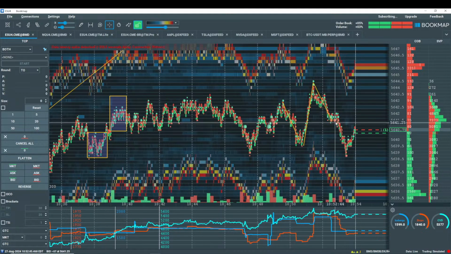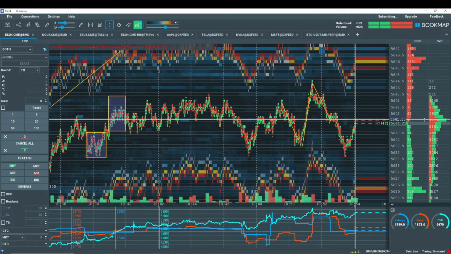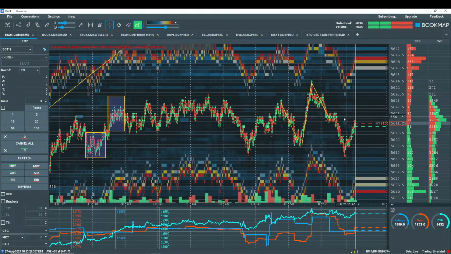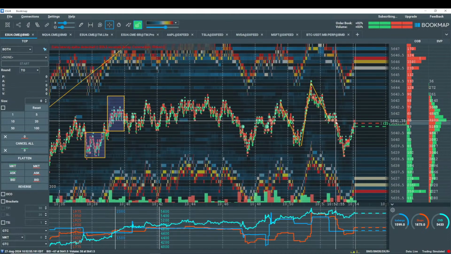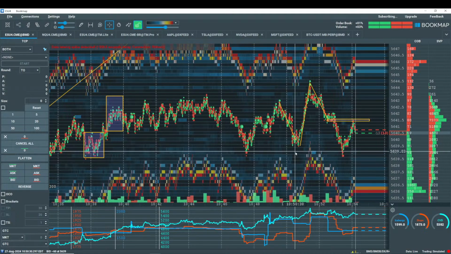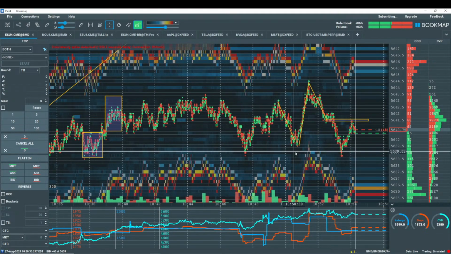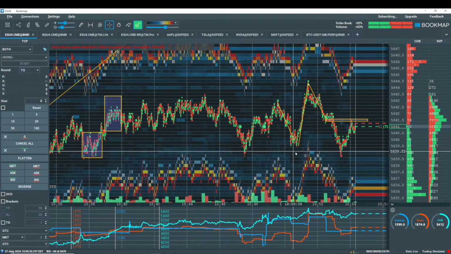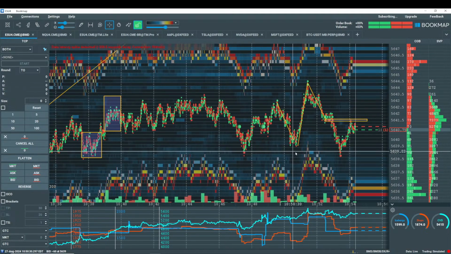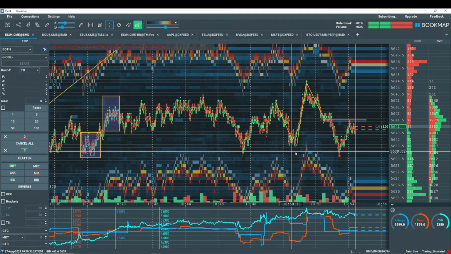All right, let's see if we can get one more attack here. All right, and this is the swing here. It is a high volume node as well, but this is where it broke down from. Okay, same ideas, like above this is where you got to see it. Yeah, this has been a little challenging in this little area in here.